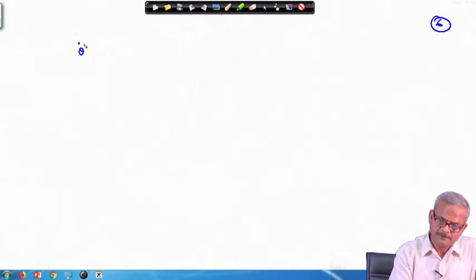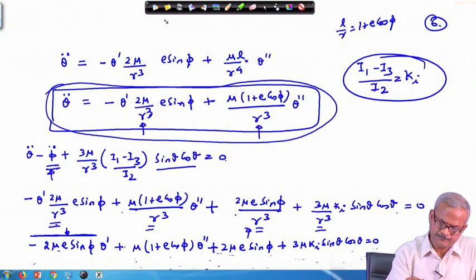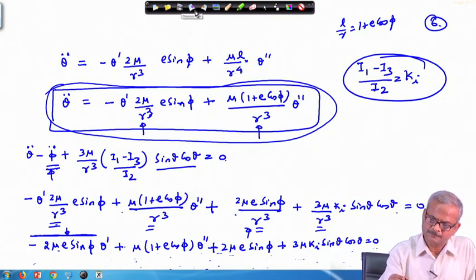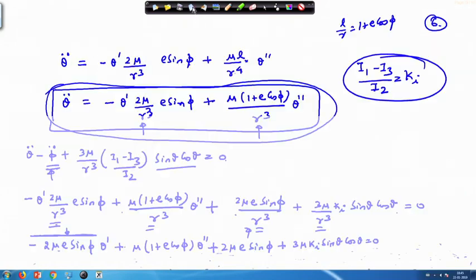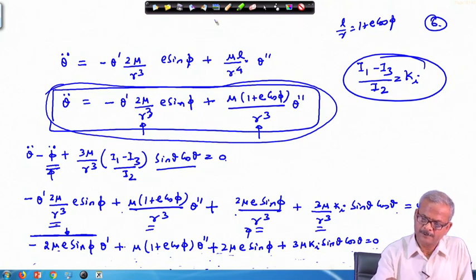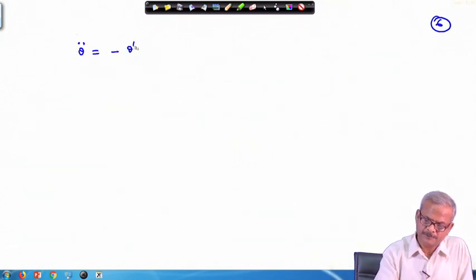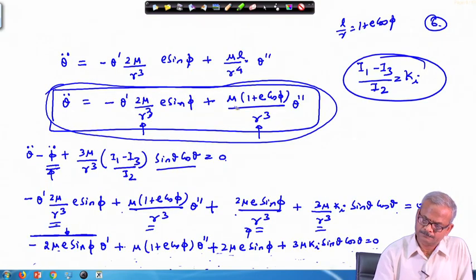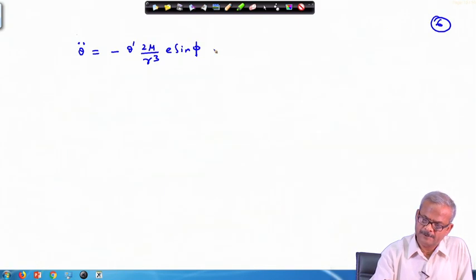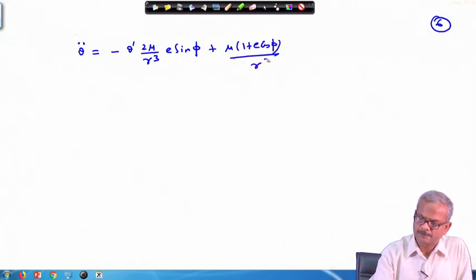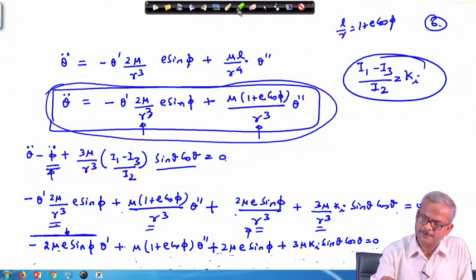So, theta double dot, this is the quantity minus theta prime 2 mu by r cube E sin phi plus mu times 1 plus E cos phi divided by r cube and times theta double prime.